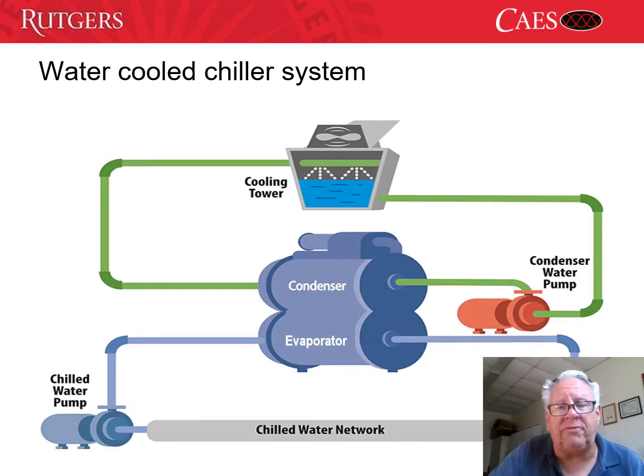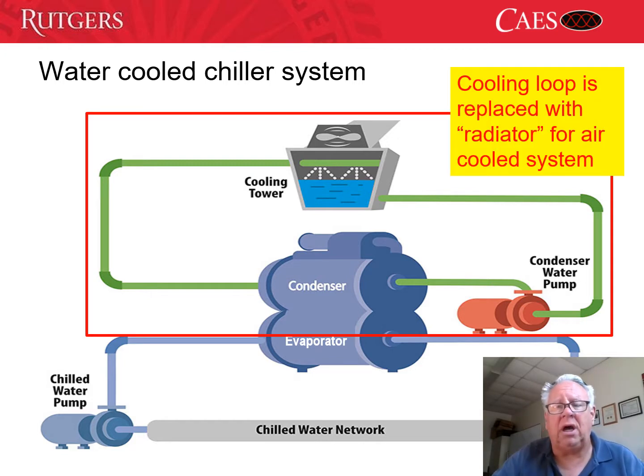The most common is the water cooled chiller systems. And there's a very important reason for this. Not only do we cool with water effectively, but we are able to lower the temperature lower than we would by ambient air by using the physics of evaporative cooling.